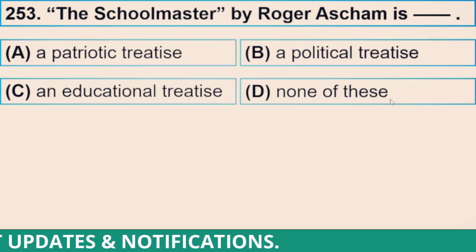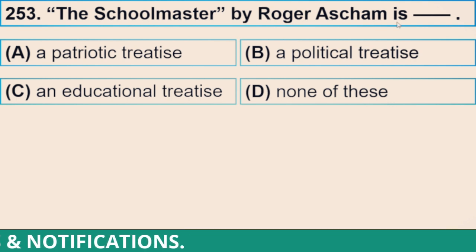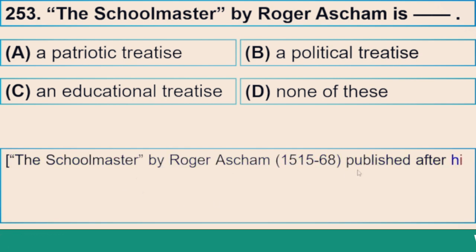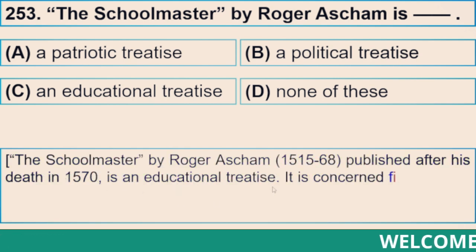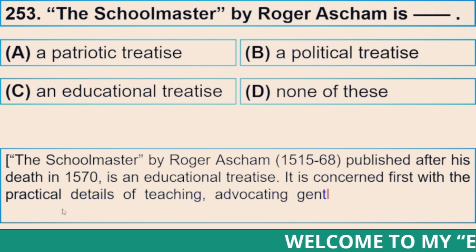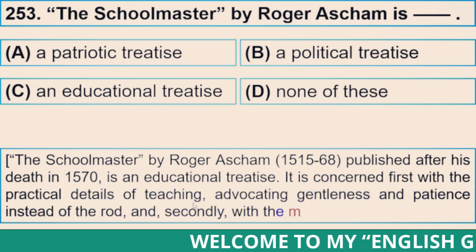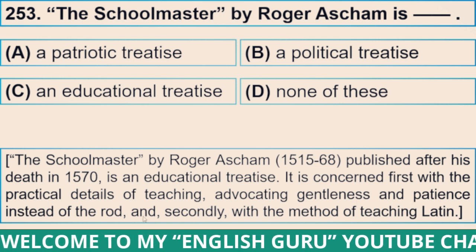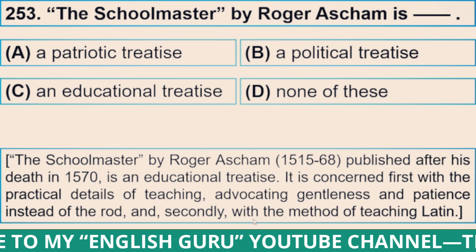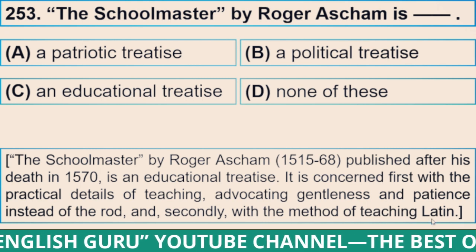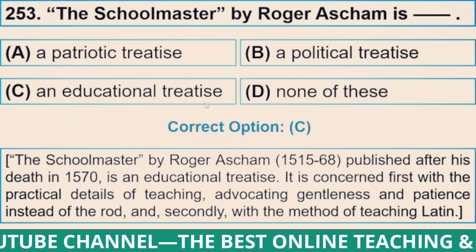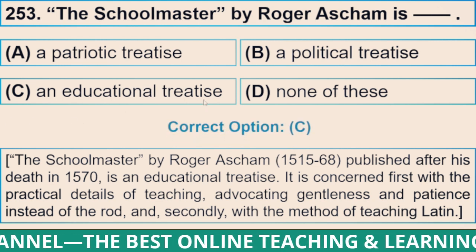So, the Schoolmaster by Roger Ascham, published after his death in 1570, is an educational treatise. It is concerned first with the practical details of teaching, advocating gentleness and patience instead of the rod, and secondly, with the method of teaching Latin. Here, correct option is C, an educational treatise. Okay, let's see next question.